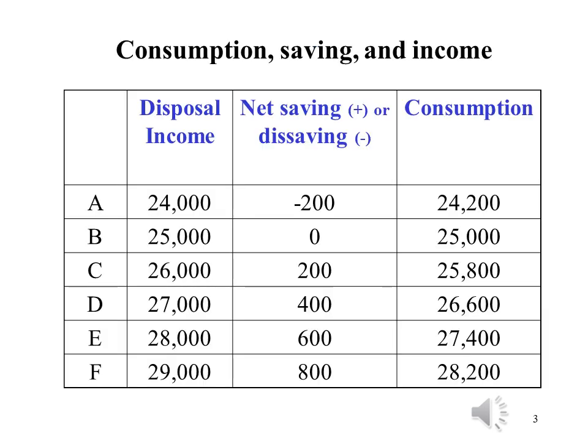As we see from this table, the disposable income is divided into saving and consumption. When consumption is bigger than disposable income, we have negative savings. We can finance this by borrowing money from other people or the banks, or we can reduce our savings.